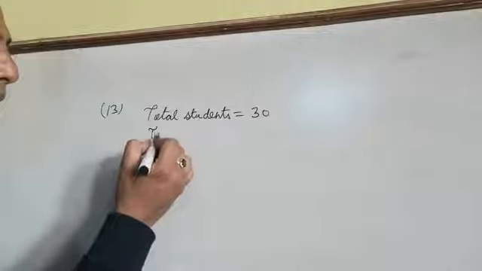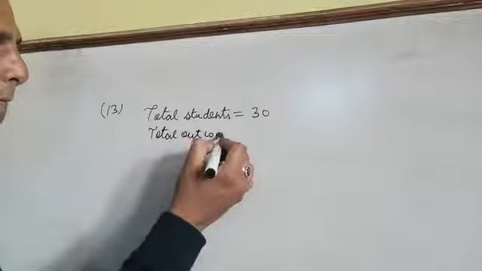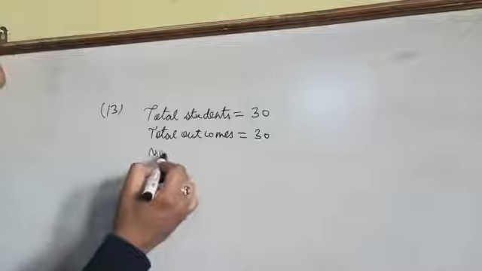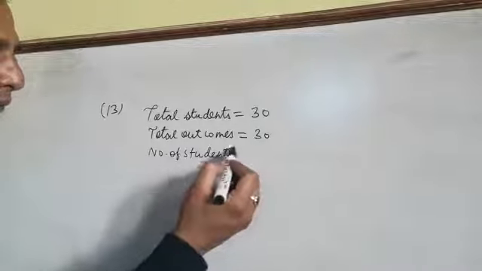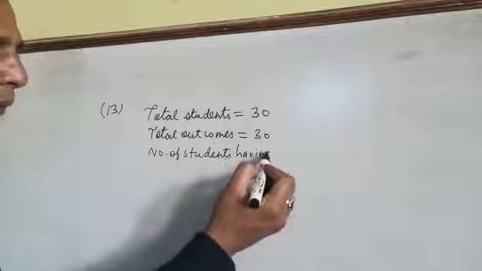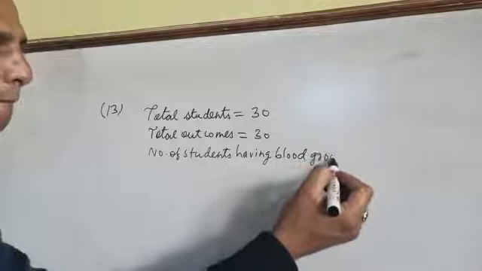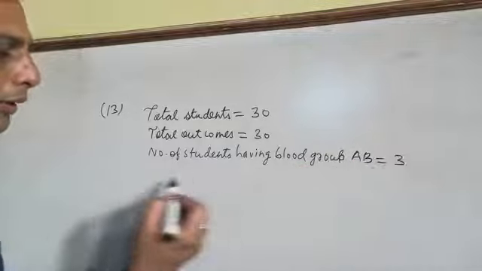So total outcome will be 30. Number of students having blood group AB is equal to 3.